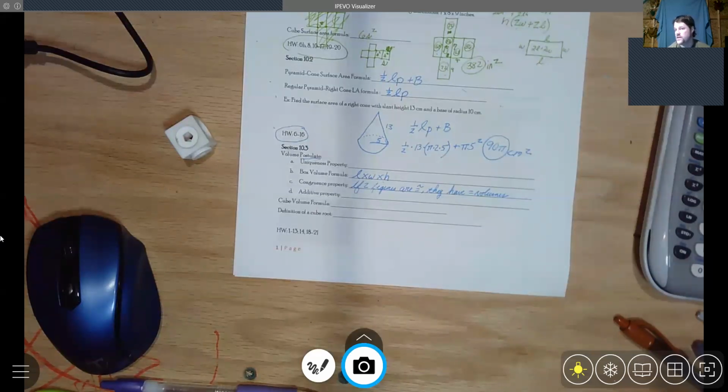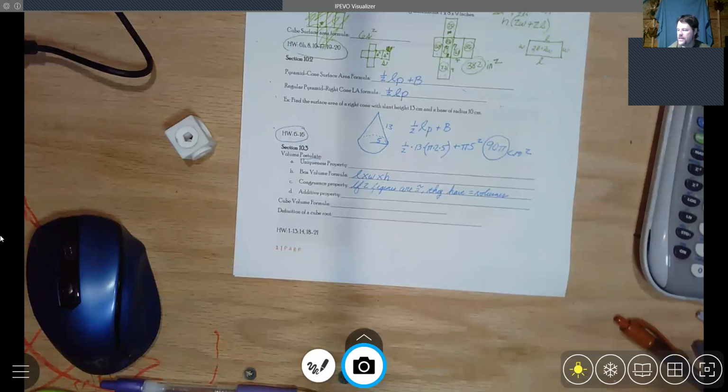Hopefully you're thinking to yourself, no, because that would mean that a cube and a sphere can't have the same volume. And obviously a cube and a sphere could have the same volume. Or a cube and a box, two shapes that are obviously not congruent.